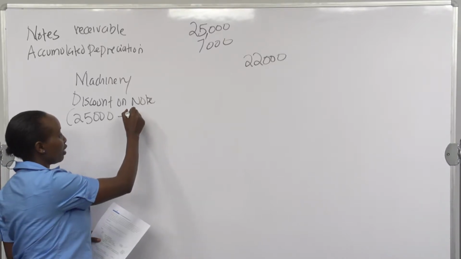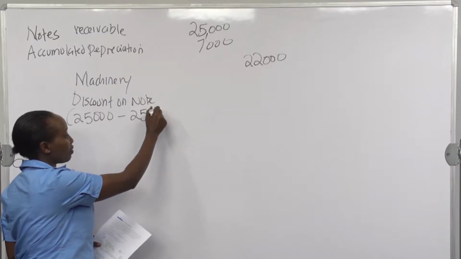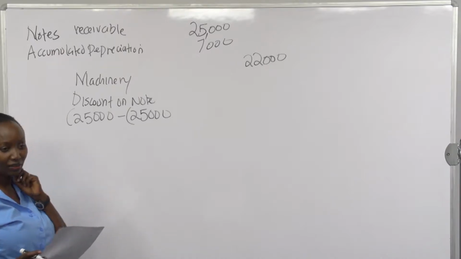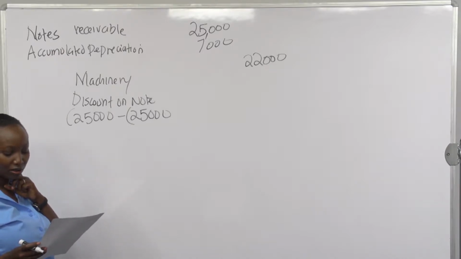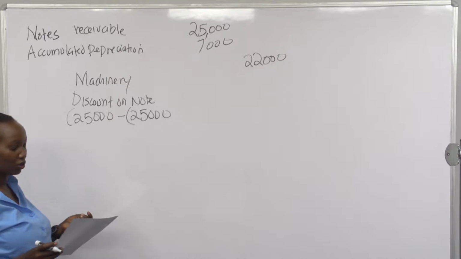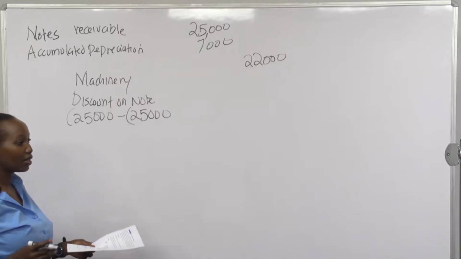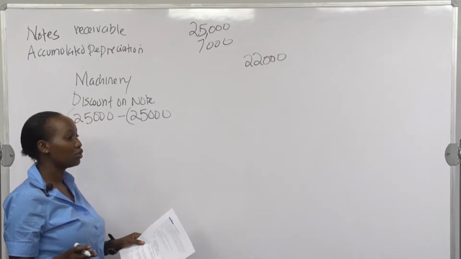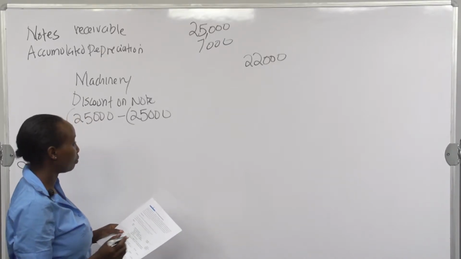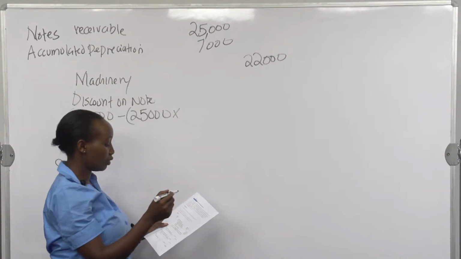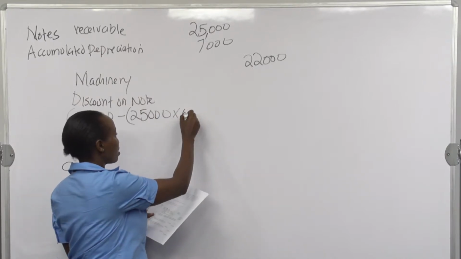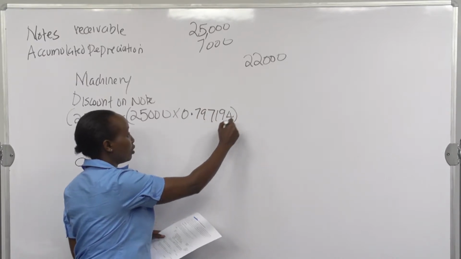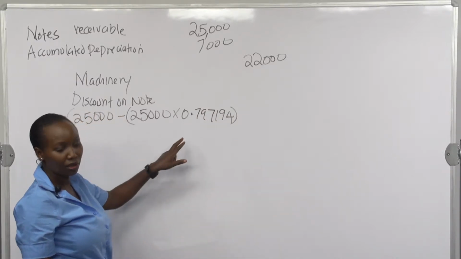So we look for the present value factor under 2 years, because this note is only for 2 years, and the rate is 12%. Under the two compounding periods at 12%, we have 0.797194.